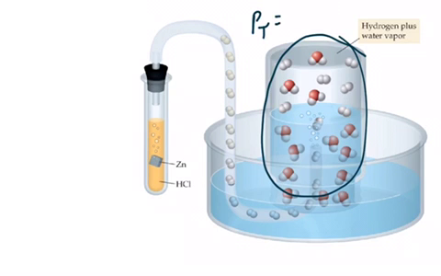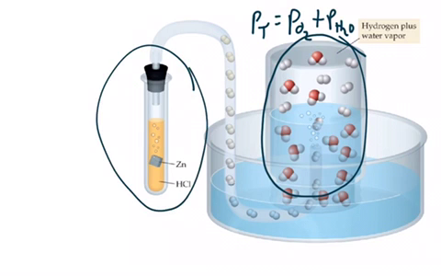It's always going to be some pressure of something you're collecting. In this case, we were collecting oxygen in our problem. And there's always going to be some pressure due to water. In this example, the gas that's being collected is hydrogen gas. And that's represented here because hydrogen's diatomic. So keep that in mind.